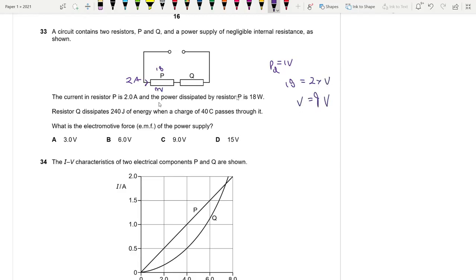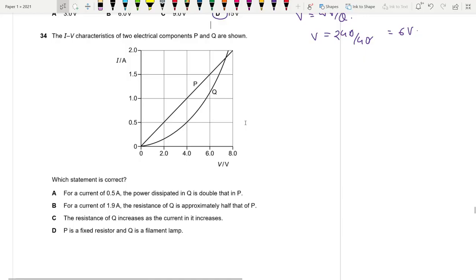Okay, 9 volts. Now for Q, we know that voltage equals work done by charge, right? So the voltage is 240 by 40, or just 6 volts. So this is 6 volts. It's a series circuit. You can add them up. 6 plus 9 is equal to 15. The answer should be D, 33D.